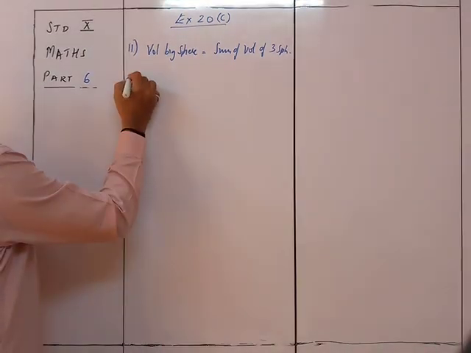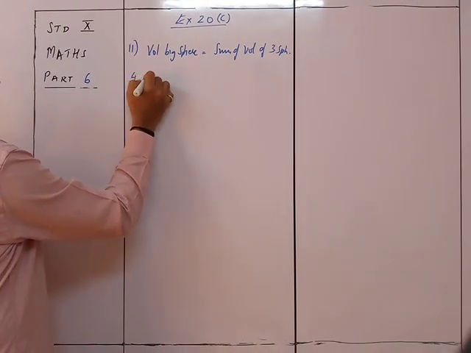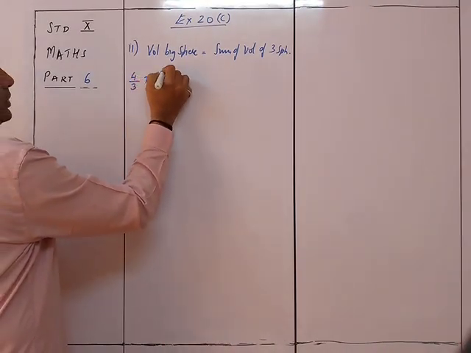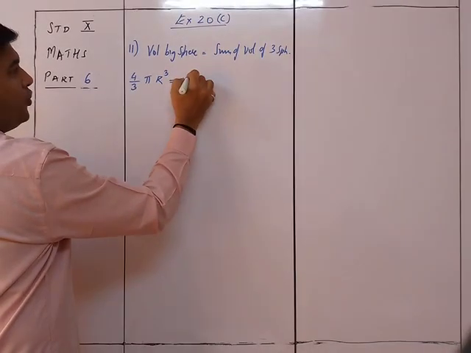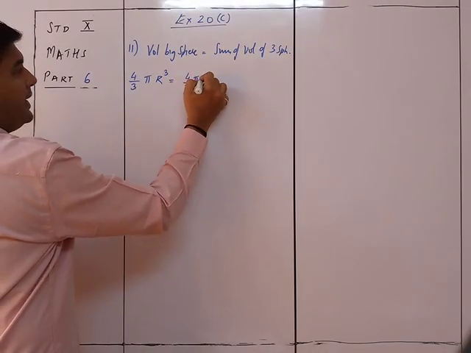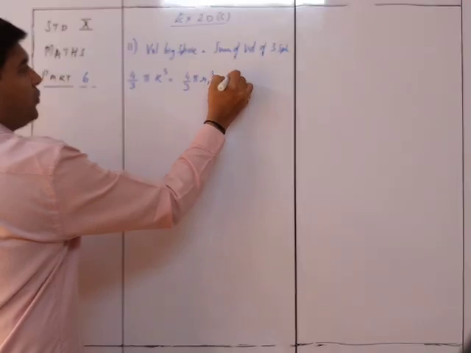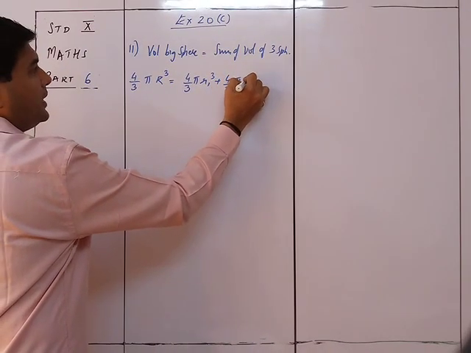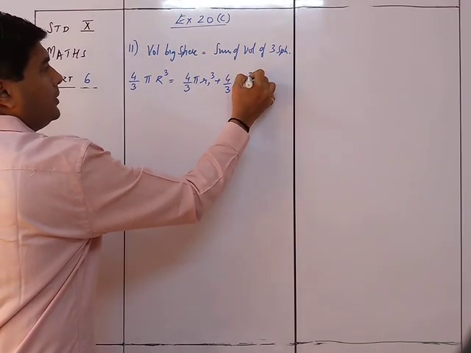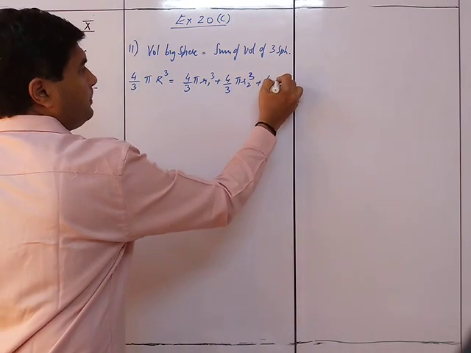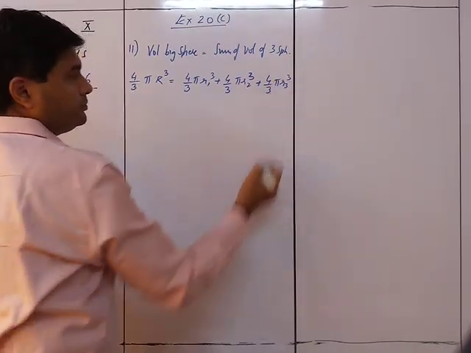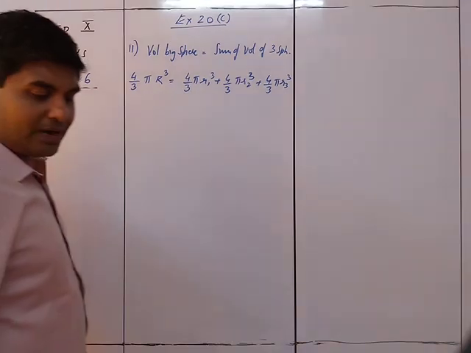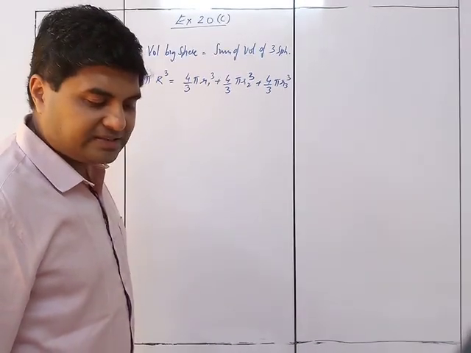So it is 4 upon 3 pi capital R cube is equal to 4 upon 3 pi R1 cube plus 4 upon 3 pi R2 cube plus 4 upon 3 pi R3 cube. The R1, R2 and R3 are given to you as 6, 8 and 10.